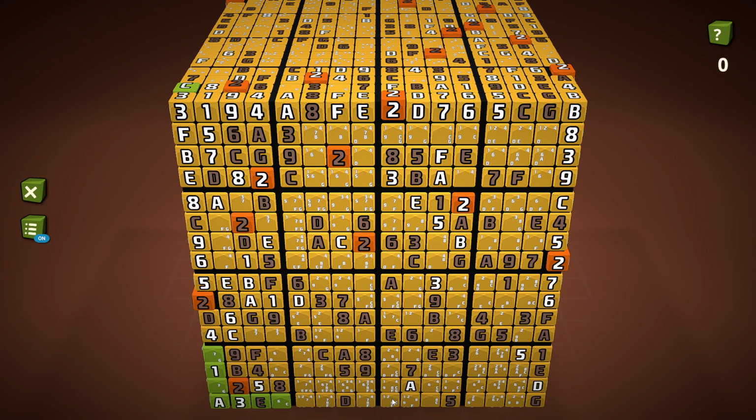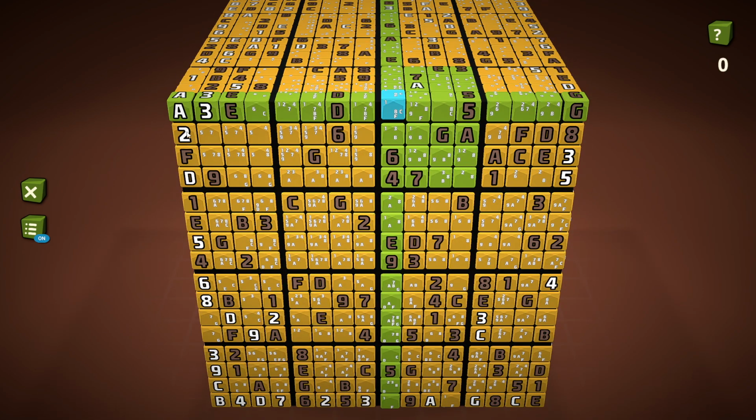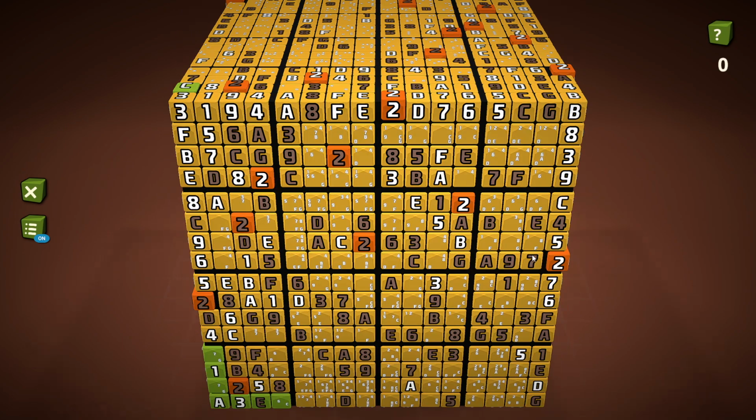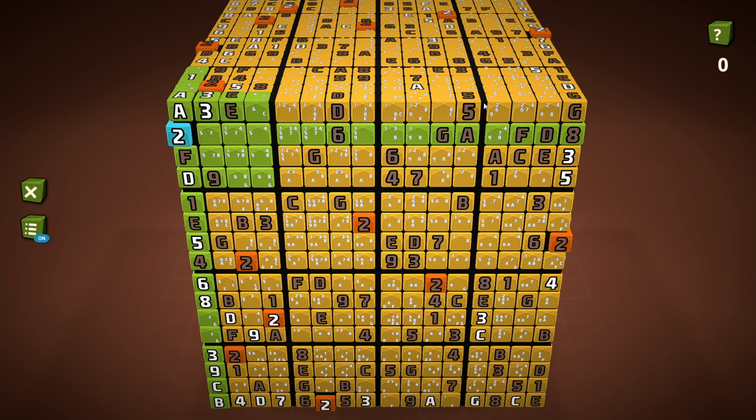Oh. That can't be a 2. There's only 1 2 on the top. Still lots of other 2s. 2 on the top, okay, yep.